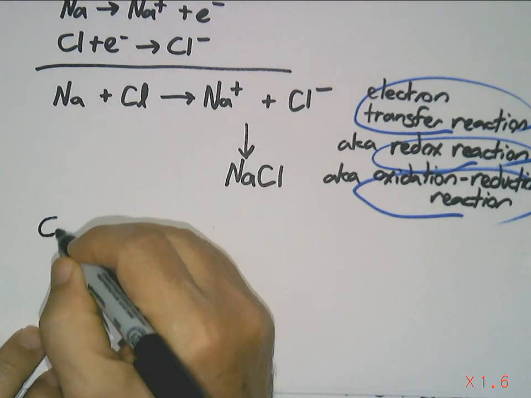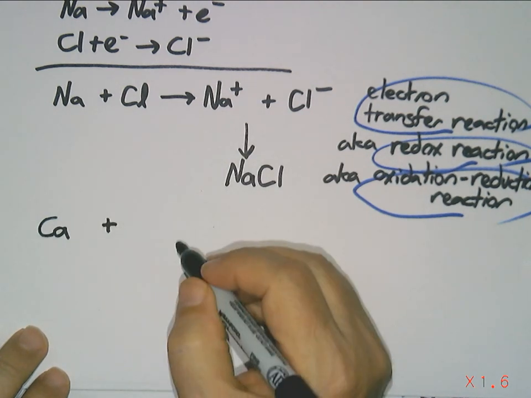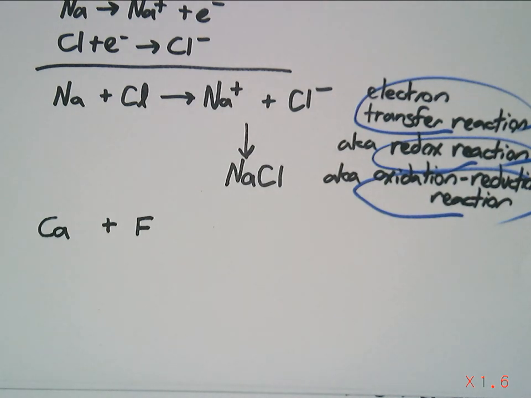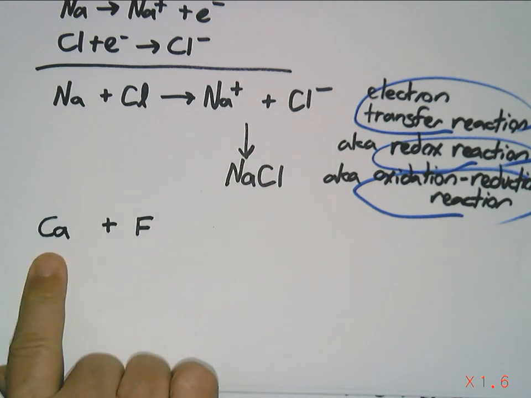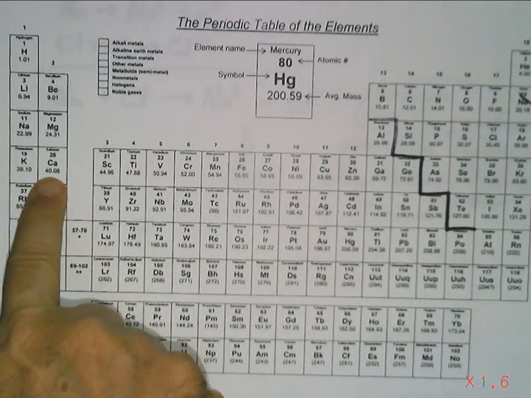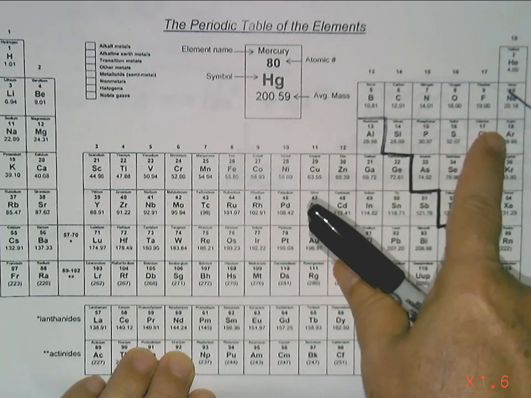Now let's do another one like that. Suppose I want to put together a calcium and a fluorine. Is that going to work? Well, let's think about how many electrons each of these wants to lose or gain. Let's look at calcium. Calcium is here on the table. It wants to get to the nearest noble gas, which is argon.